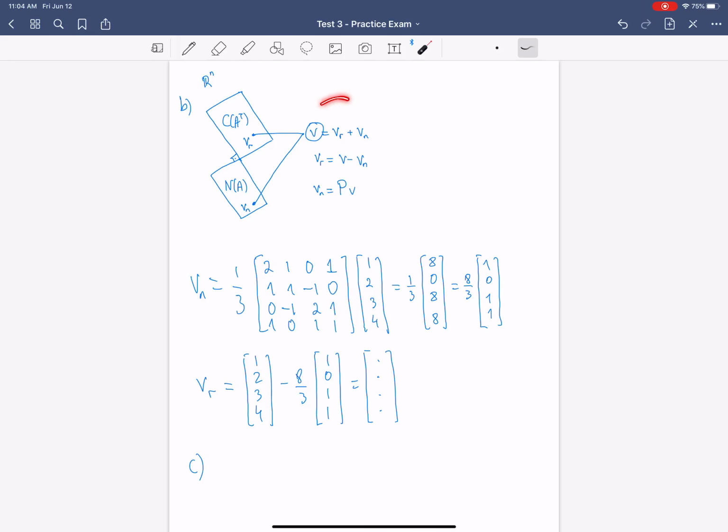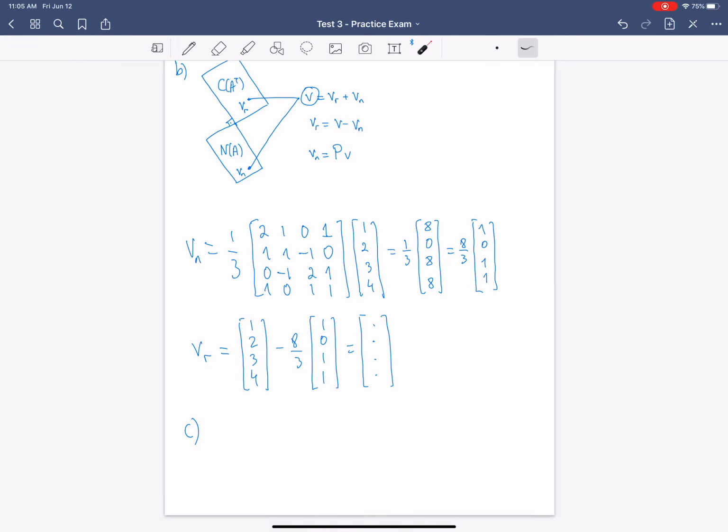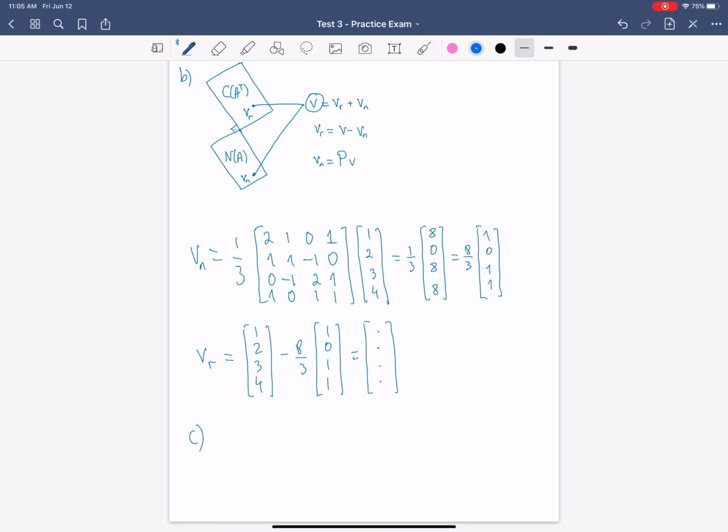Well, you see, this picture over here is pretty general. I didn't really tell you what the numbers of V are. This is a general setup. So, in fact, from here, we can express V. And if we actually use P times V instead of Vn in here, then I have an expression that only involves V. So let me repeat some of those arguments.